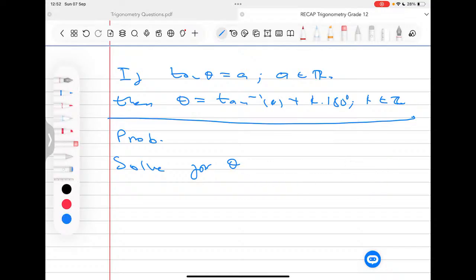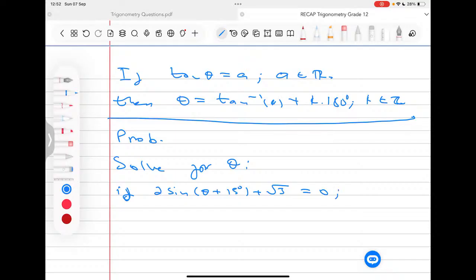Let me write this down here. So we say solve for theta if we have 2 sine theta plus 15 degrees, and then we have here √3, and we're saying this is equals to 0.